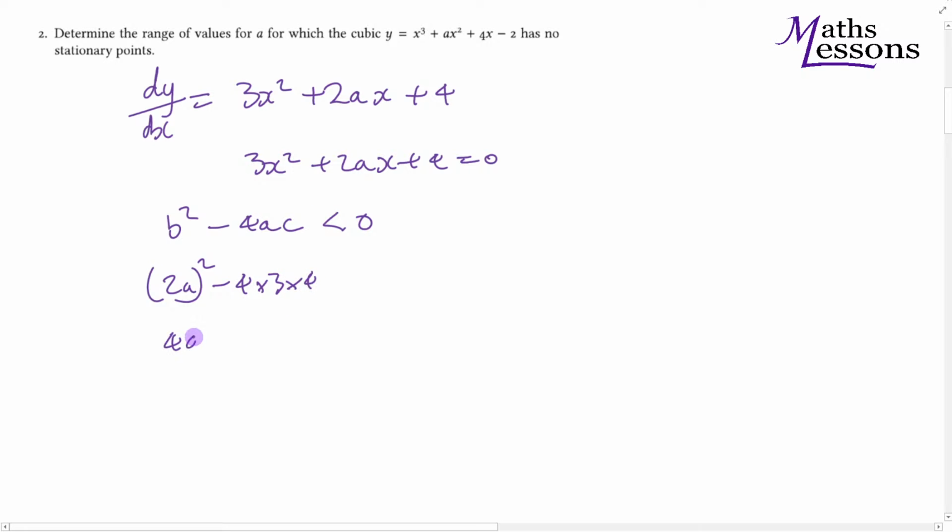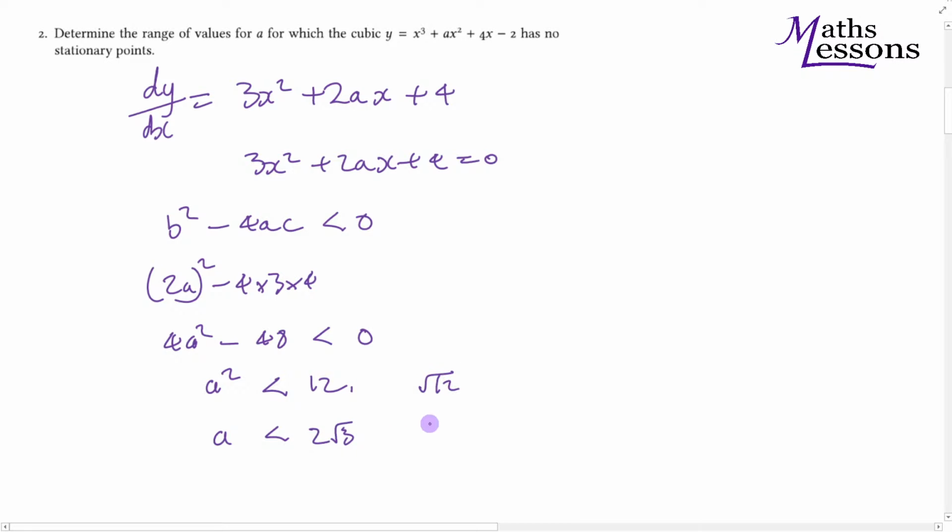So we get 4a squared minus 48 is less than 0. So we're going to get a squared is less than 48 divided by 4, which is 12. So therefore a is going to be less than the square root of 12, which is going to be 2 root 3.